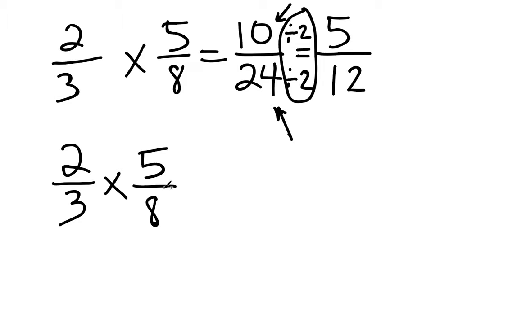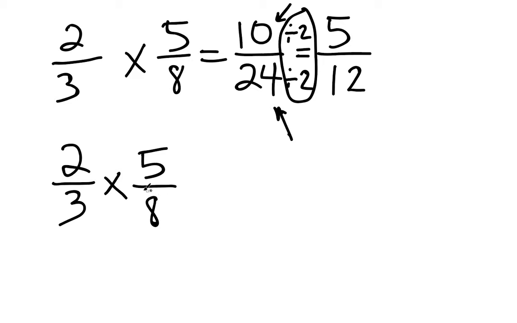But instead of waiting till the end like we did over here, we're going to simplify it in the middle. That means in the middle of the problem. So we can always divide, as long as we're dividing one of the numerators by the same thing that we're dividing one of the denominators, we're in good shape.